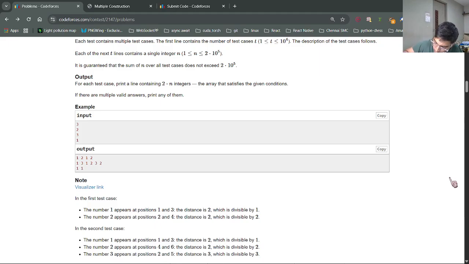1, 2, 3, 4, 5. 4 from this side. 1, 2, 3, 4. 3 from this side. 1, 2, 3. 2 from this side. 1 from this side. Okay, wait, just simply working. 1, 2, 3, 4. 1, 2, 3, 4. 4 that is 2. 4. 1, 2, 3, 4.